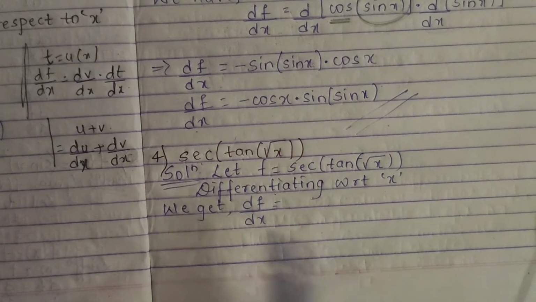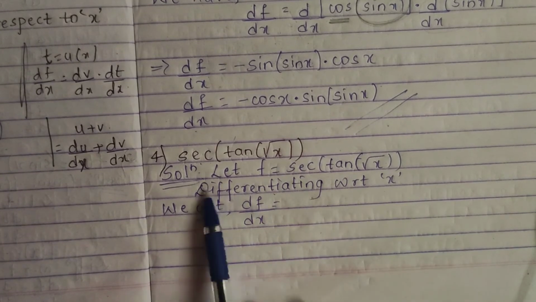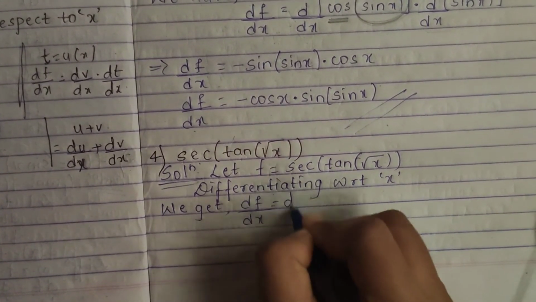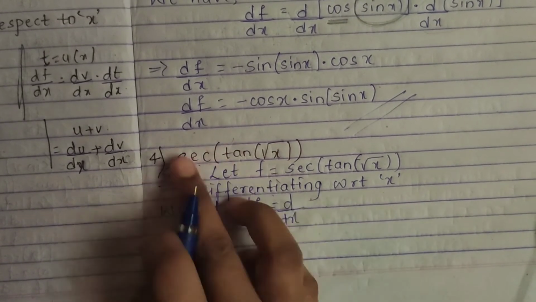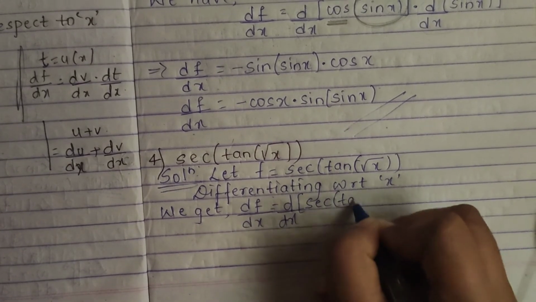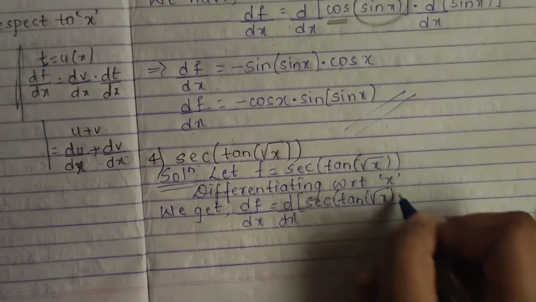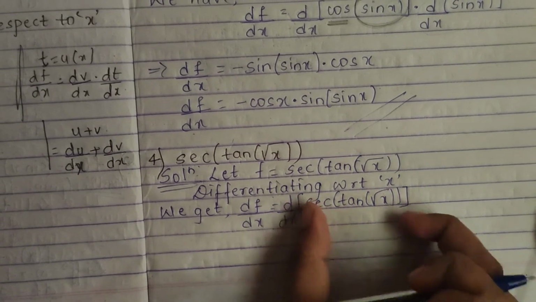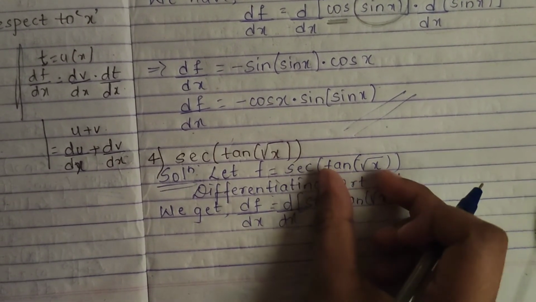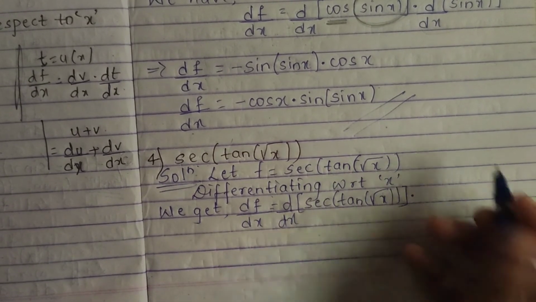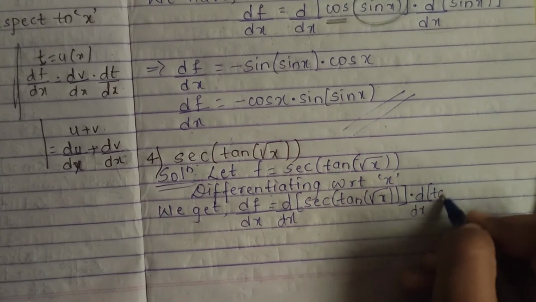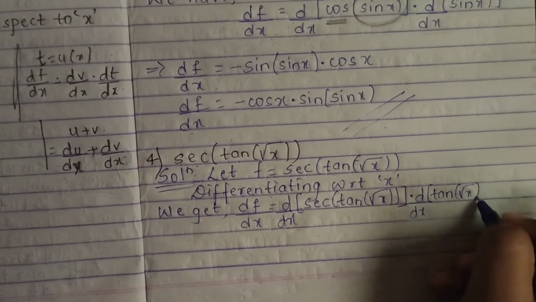I have written my common thing, let f, and differentiating. Now df by dx, so first it will be d by dx of the whole part, sec of tan of root x. This first whole you have to do. Then into the second part, I will consider tan of root x, so d by dx of tan of root x.